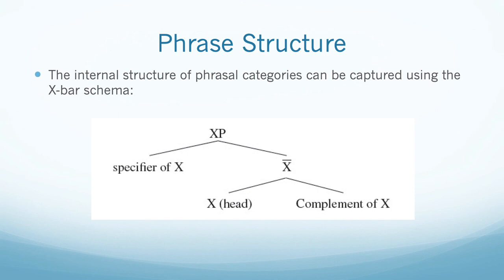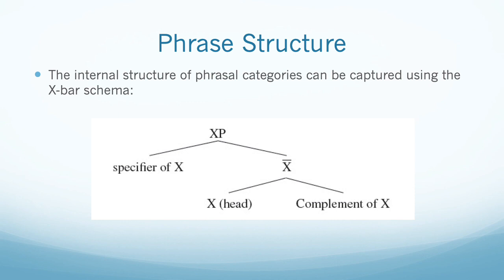In this diagram here, it's abbreviated as XP, but X, as I mentioned, is just a variable. It's just standing in for whatever this is going to be. So let's say it's a noun phrase. That means it would say NP at the top, and the noun as the head of the phrase fills in for the variable X.